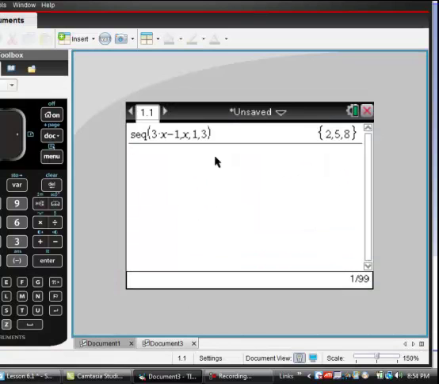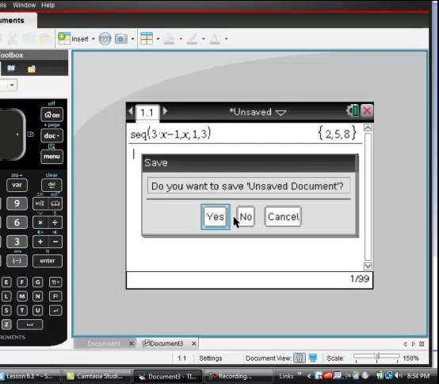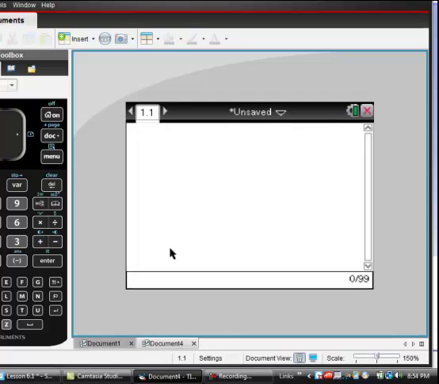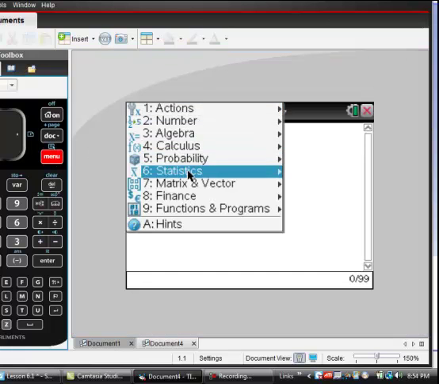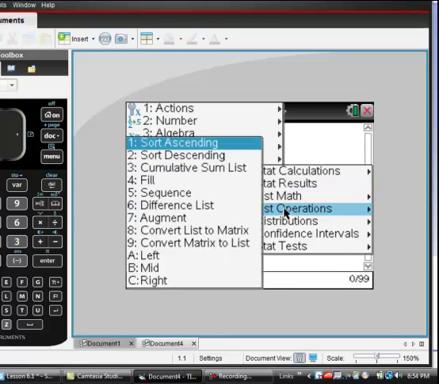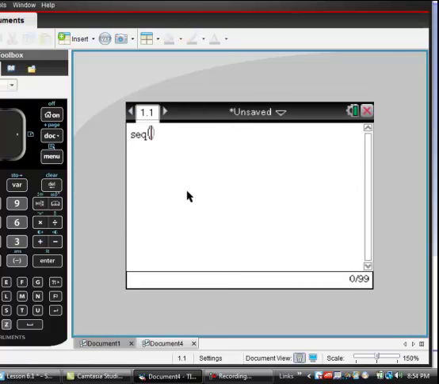Now, on this handy-dandy calculator, this is the new exciting one you'll get to use next year. I go to Menu, I go to Statistics, because this is what this is. I go to Operations, and there's my sequence right there. And you see the calculator is waiting for me to enter.